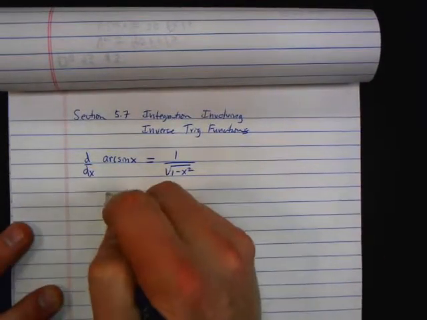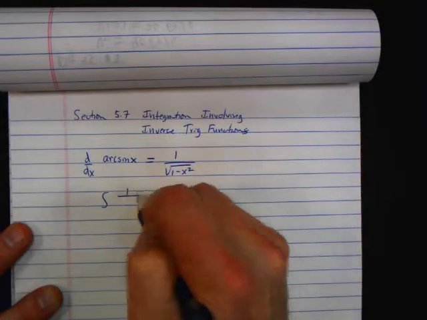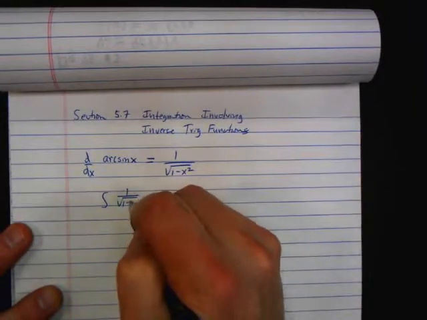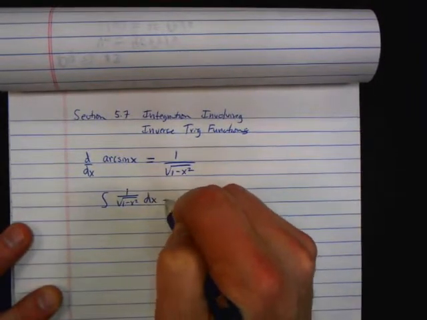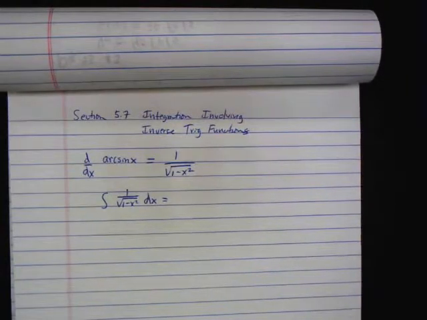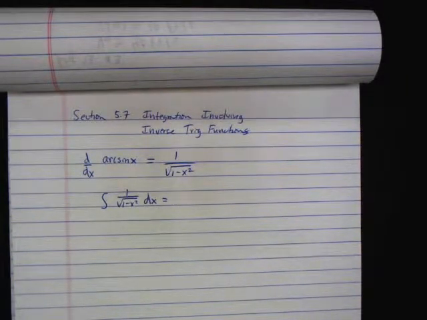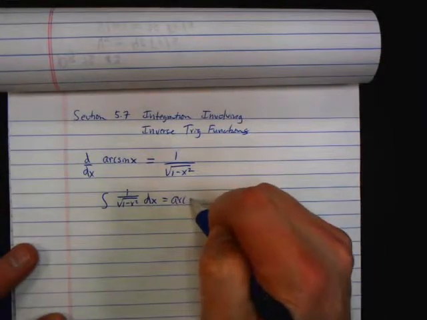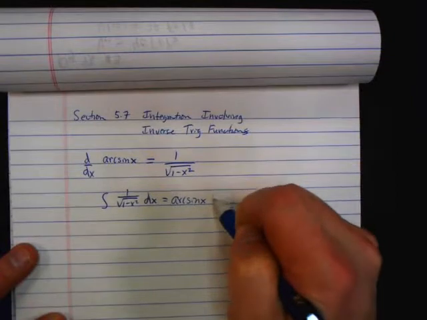So that yields an integration formula. What's the integral of 1 over the square root of 1 minus x squared? It would therefore be arc sine x plus c.